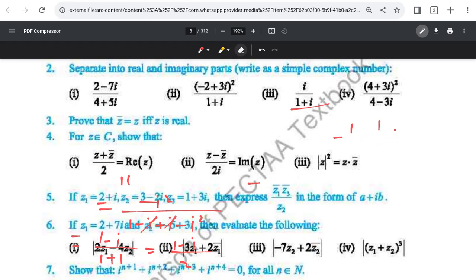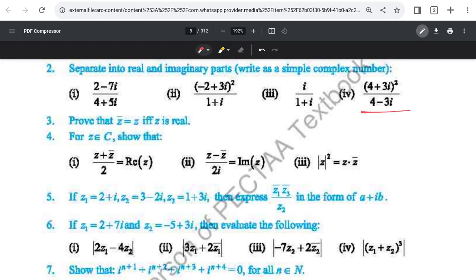So in part 4 we have given (4 + 3i)² over (4 − 3i). Okay, so dear students, we take it on here.